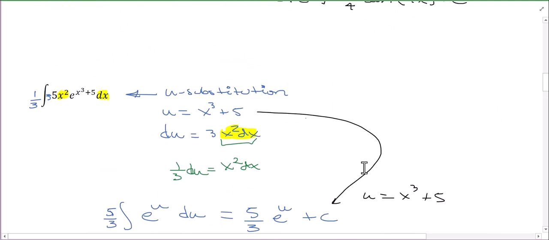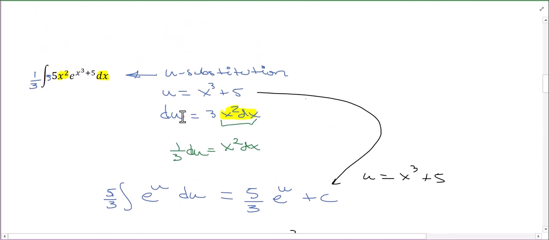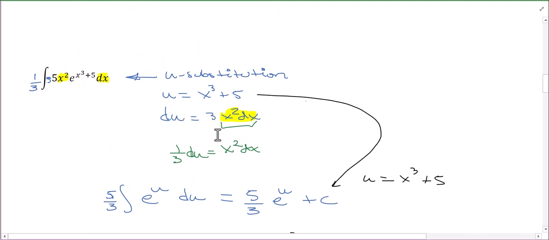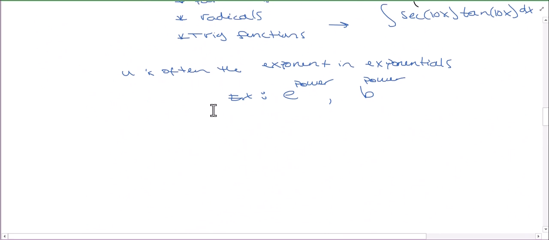So here we let u be the power of e, x to the third plus 5. When we took the derivative of that, we get the other stuff, the x squared dx, except we may be off by a constant. But don't worry if the constants don't match, because you can just divide out that constant and make it all work out.